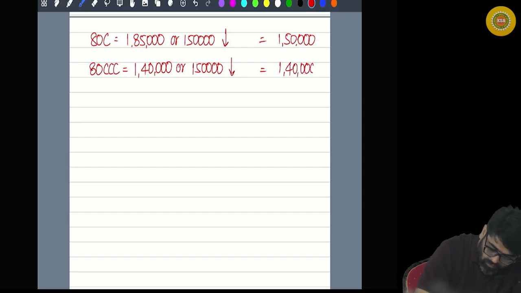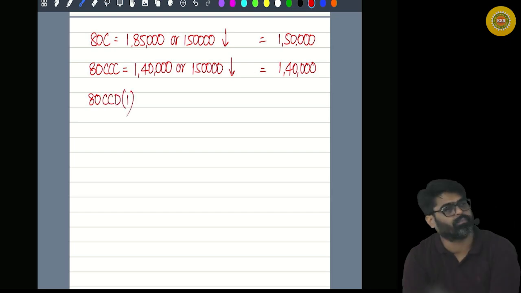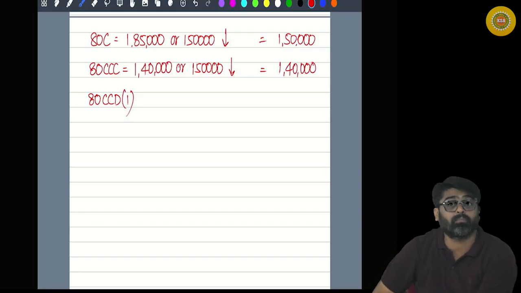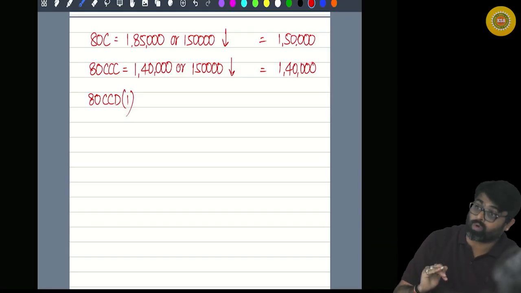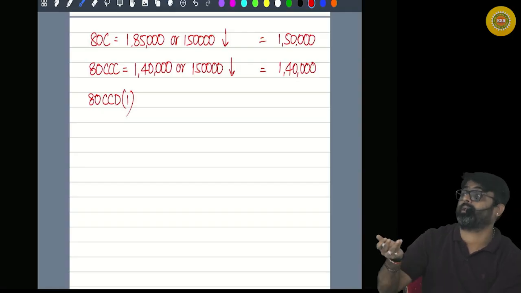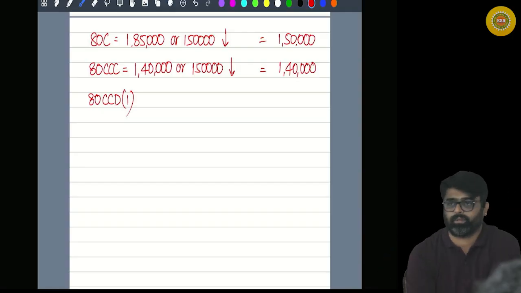Okay? Now tell me, there is one more section, 80CCD subsection 1. And 1B is also there, where you can claim your own contribution to NPS. So are you contributing to your NPS?